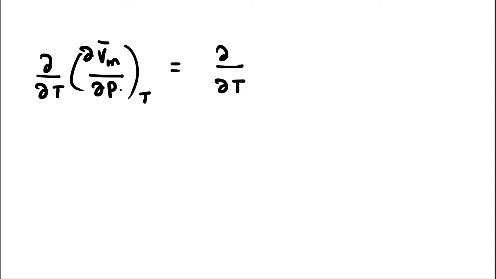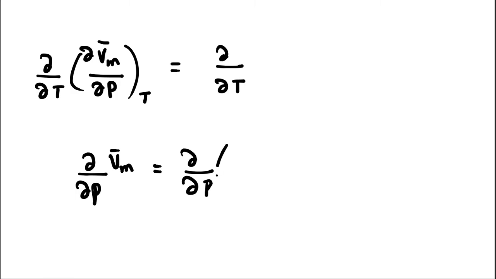Let's find out what this value is. dVm over dP, what is the Vm? RT over P. So if we know the differentiation, 1 over P differentiation is negative 1 over P square. That gives negative RT over P square.